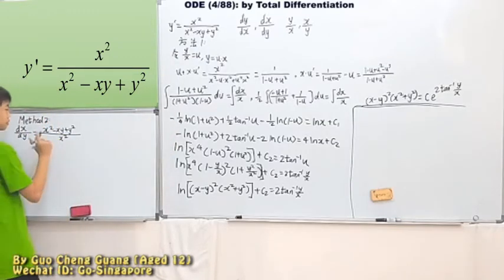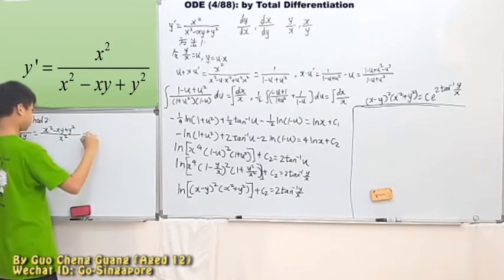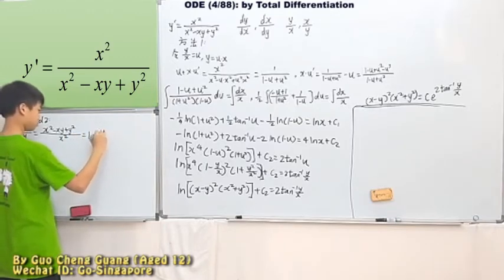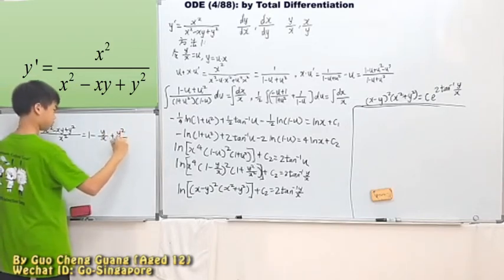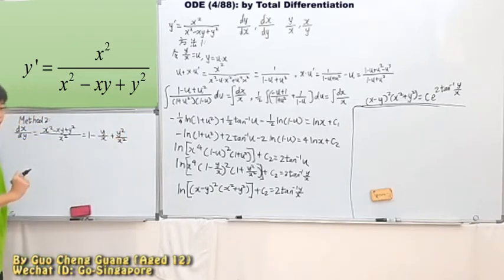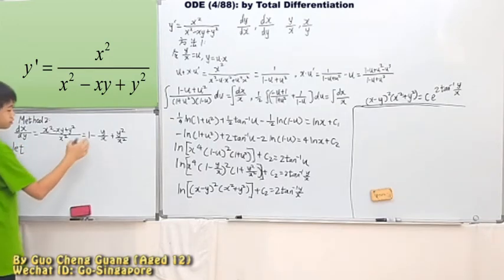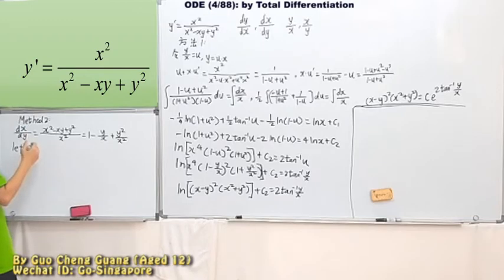First, can we simplify this a little bit? Even though we write it like this, you can let y over x, you can also let x over y be equal to u.